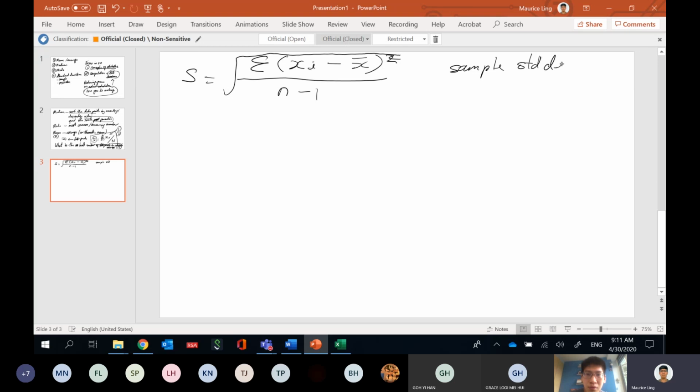For population standard deviation, it will be this. Okay. So that's why you cannot press the wrong thing on the calculator, because one is n minus 1.